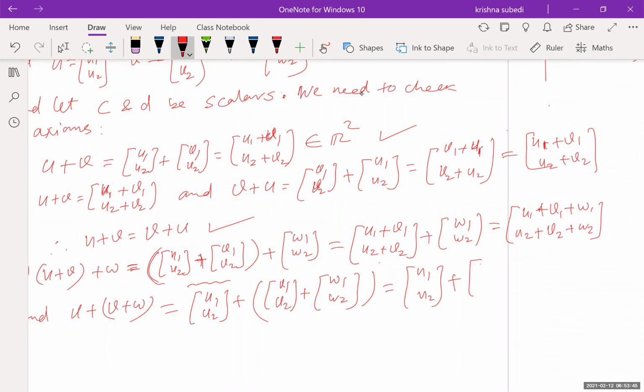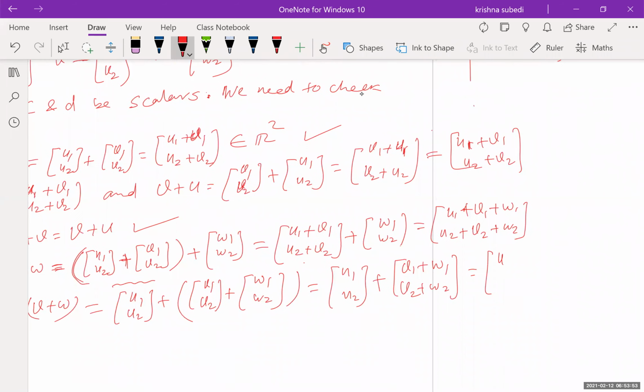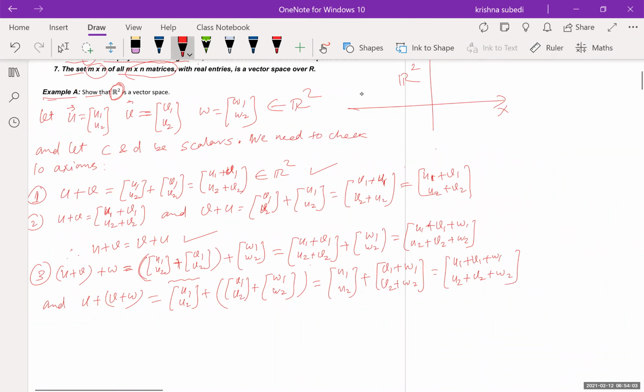So we're going to get v1 plus w1, v2 plus w2. If I combine them together, I'm going to get u1 plus v1 plus w1, u2 plus v2 plus w2. Okay, and so they are equal, as you can see clearly. Therefore, (u plus v) plus w equals u plus (v plus w). It checks.